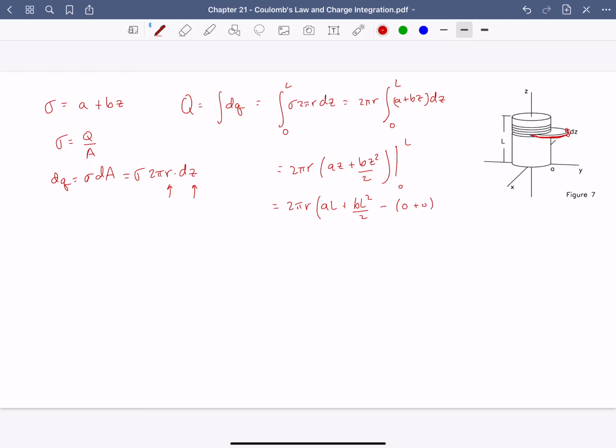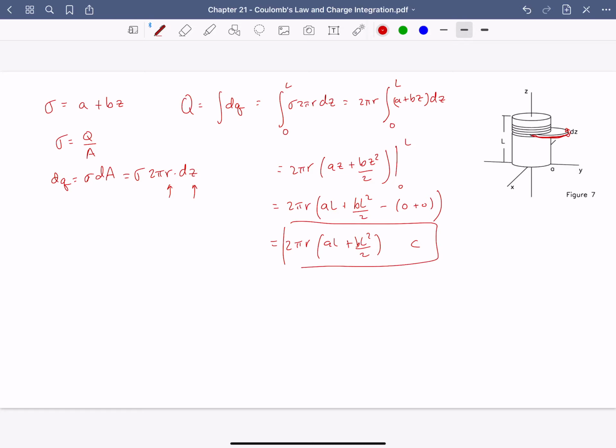Let me stick in the 0 limits there. And what am I left with? 2 pi r times AL plus BL squared over 2. And that will be in coulombs. There's the total charge on that cylinder.